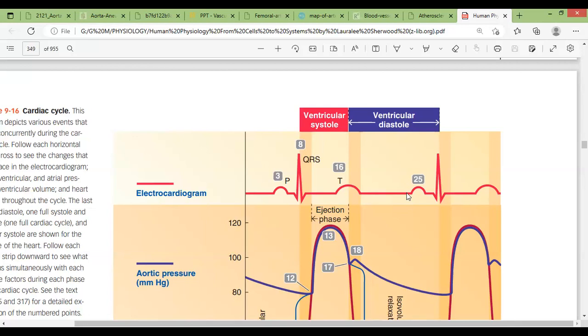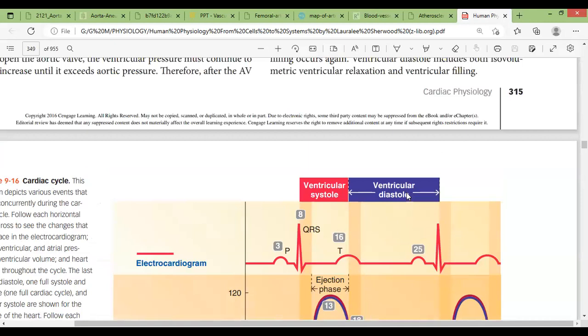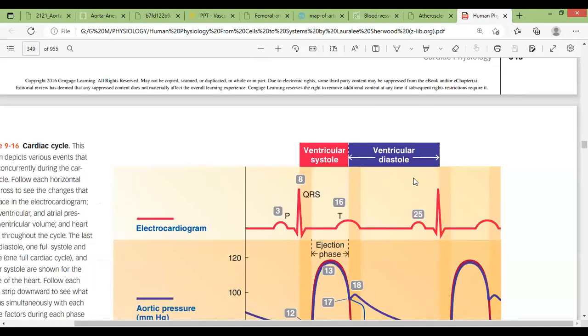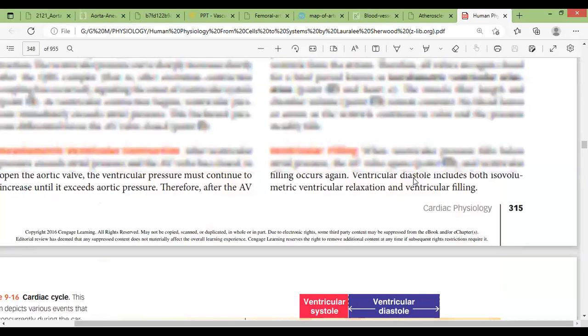I hope we are together up to there. This part is important when we get to things like hypertension and heart failure, otherwise we'll just be mentioning these things without explaining.